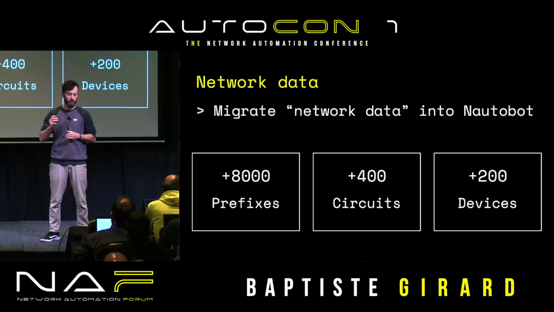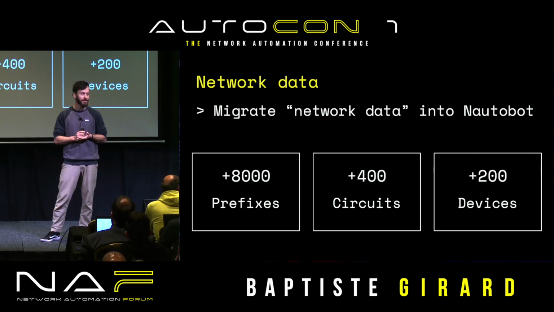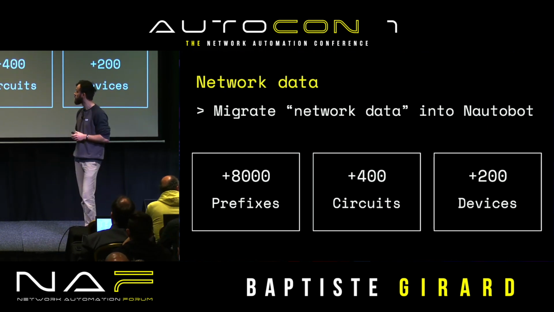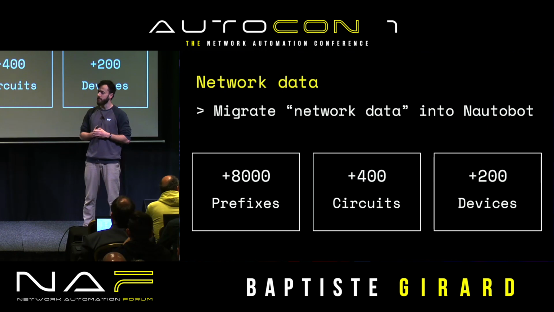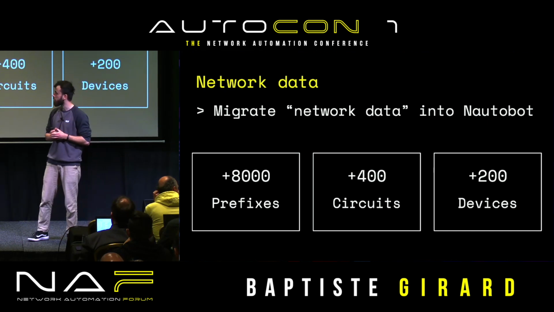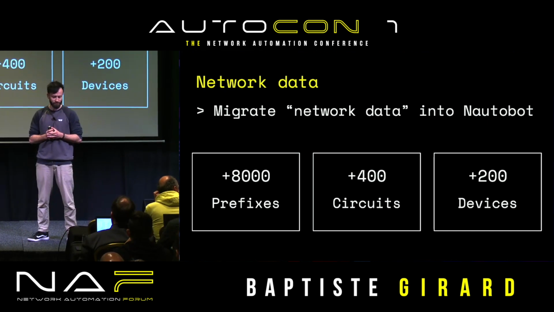So with that in mind, we move to the actual meat, network data, and by network data I mean everything from IP address to device and all in between, VLAN and so on. And as I mentioned, we had this scattered data. So we had to consolidate it into a new repository, and there we picked Nautobot as a source of truth.